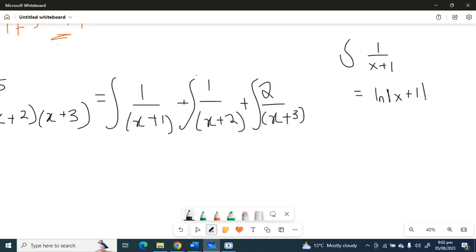Then you're going to divide by the derivative of x plus 1, dy/dx.